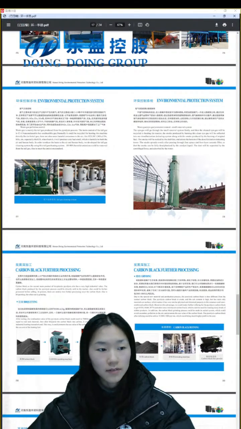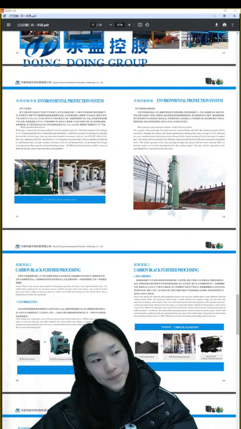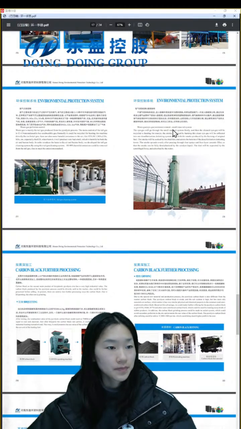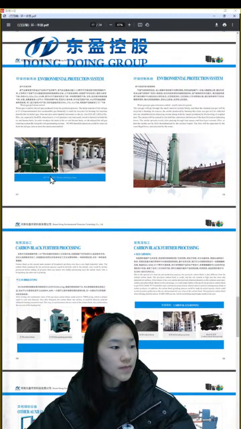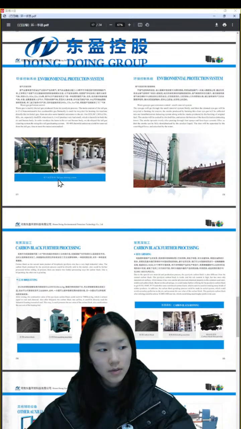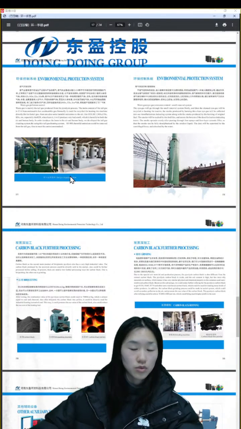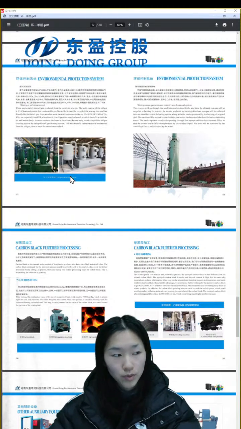Okay, this is our environmental protection system. This is the tail gas cleaning system. It's called the smell removal system, to remove the H2S within the tail gas.